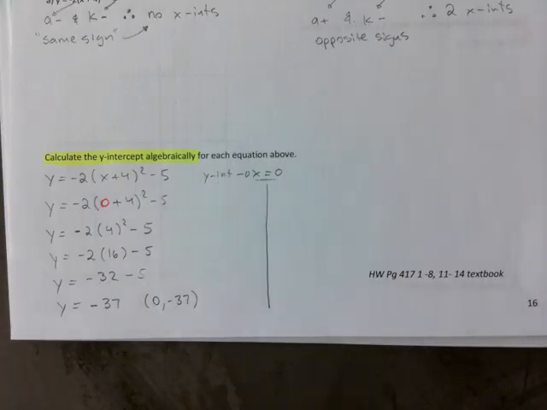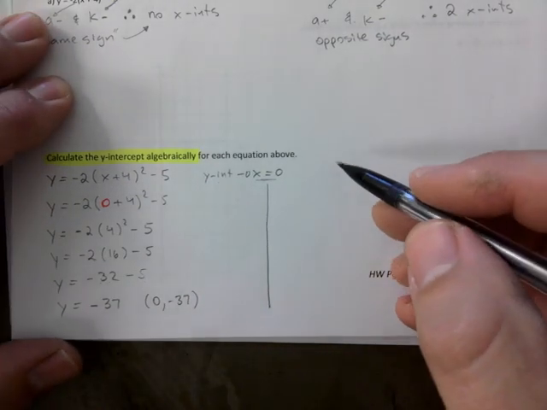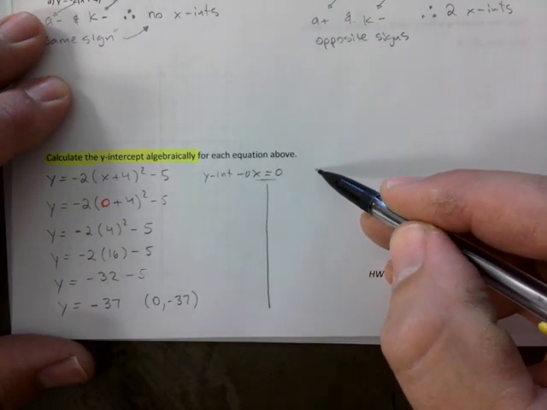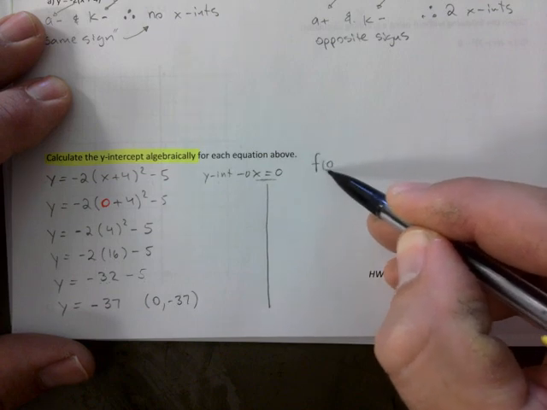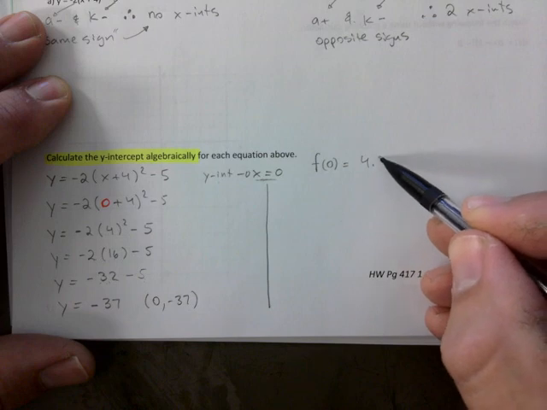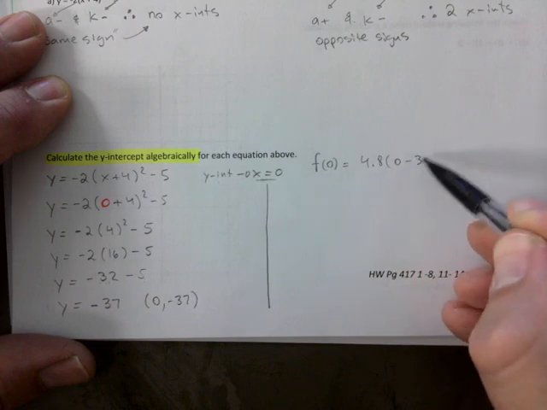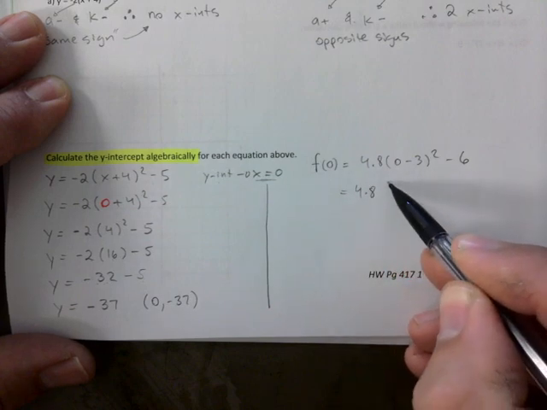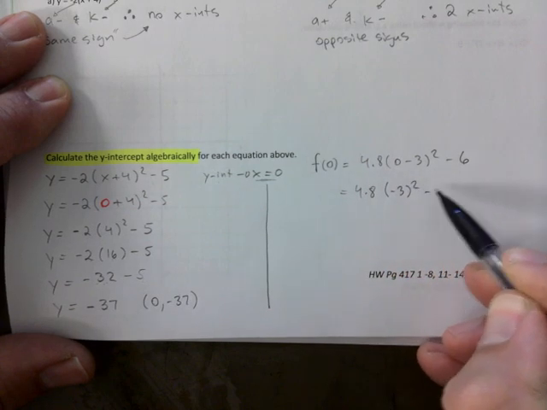Don't know where you're at, but here it is. Actually, because it's in function notation, you can actually say f of 0, right? Because x is equal to 0. And you just go ahead and plug in that. So that's 4.8 times (negative 3) squared minus 6.